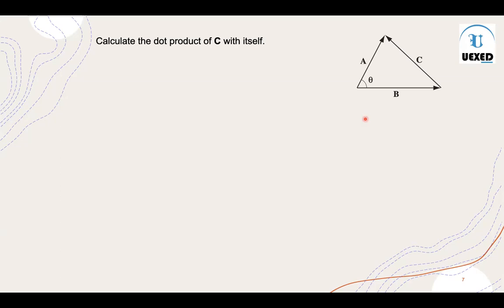Yes. Okay, so let's do it one by one. We know that C is A minus B because the vector addition formula works here. So B plus C is going to give you A. That means C is equal to A minus B. Now we want to take the dot product.